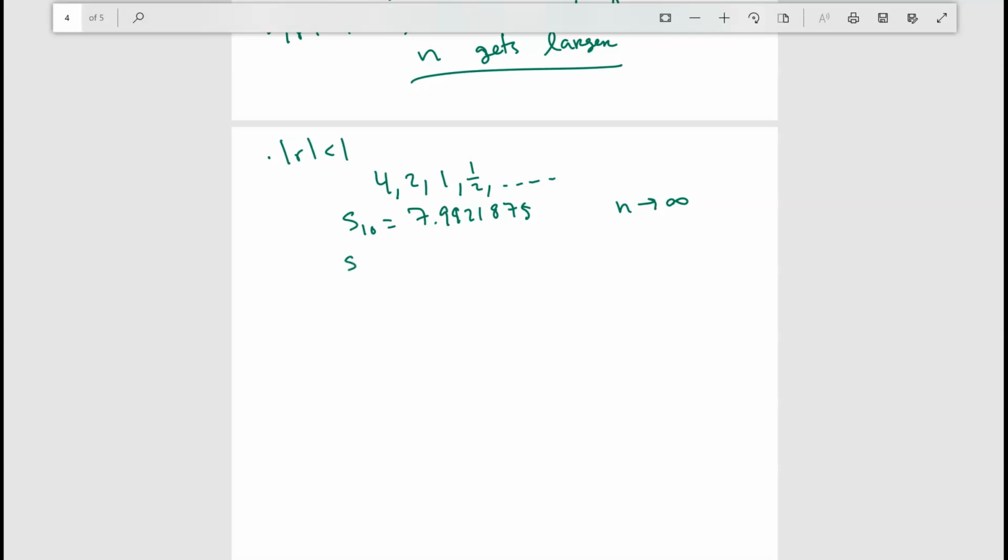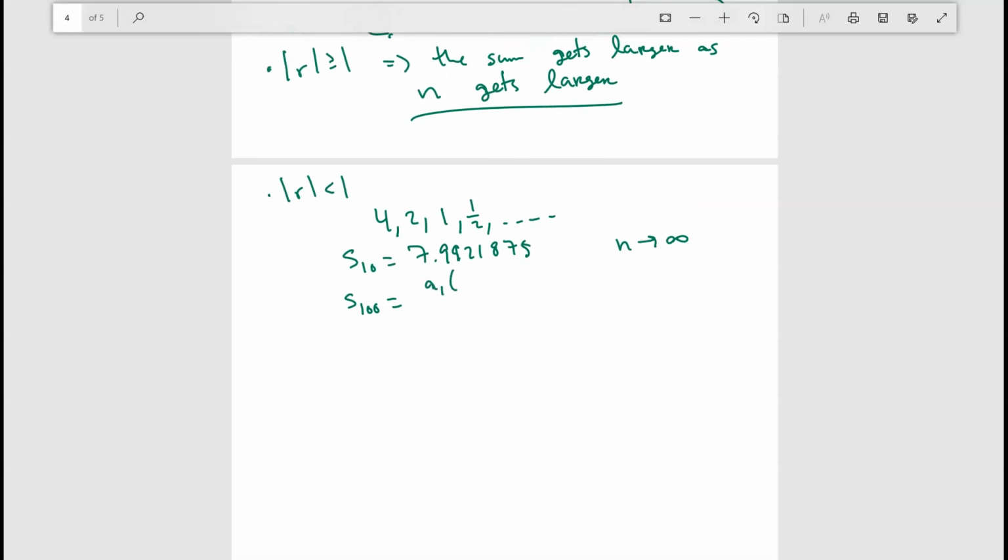So let's say I want to take the sum of the first 100 terms. Let's just use the formula again. We know that it's a1, 1 minus r to the power of n, divided by 1 minus r. So a1 is just going to be 4, and r is still 1/2, so 1/2 to the power of 100, divided by 1 minus 1/2.